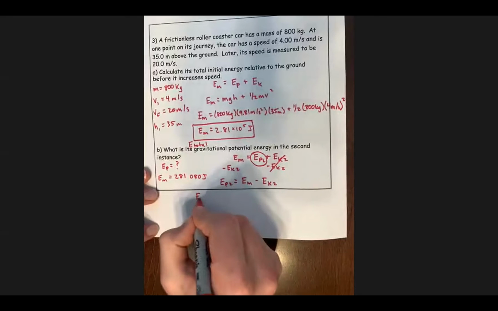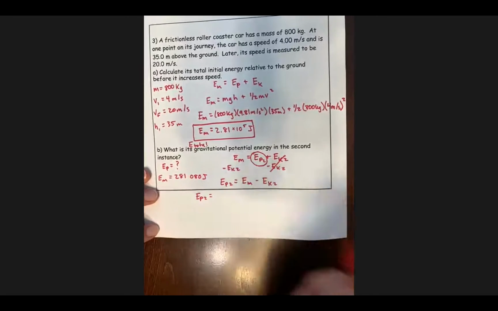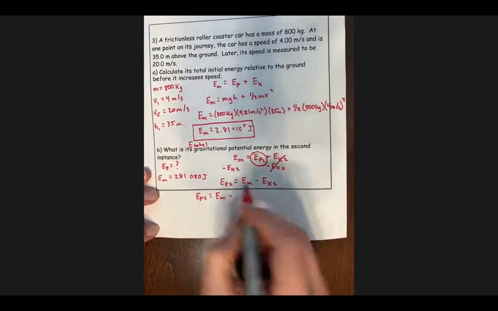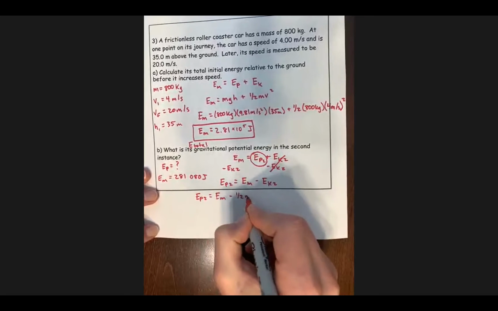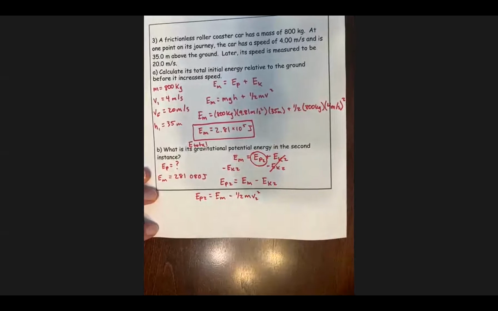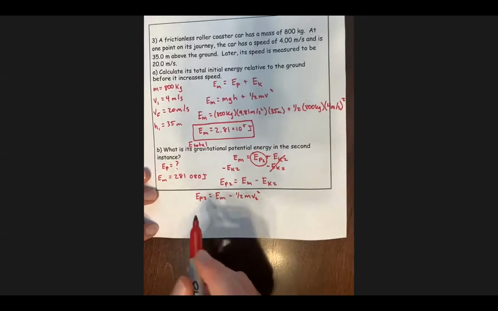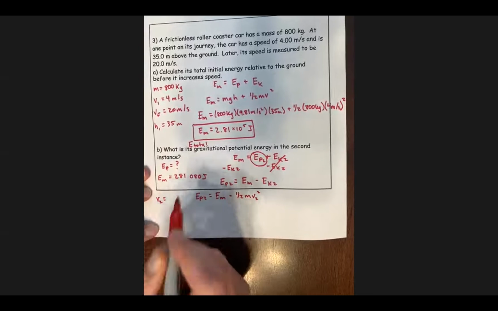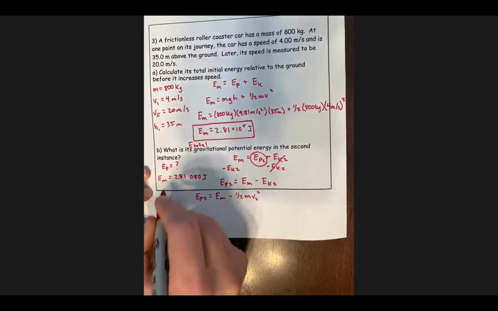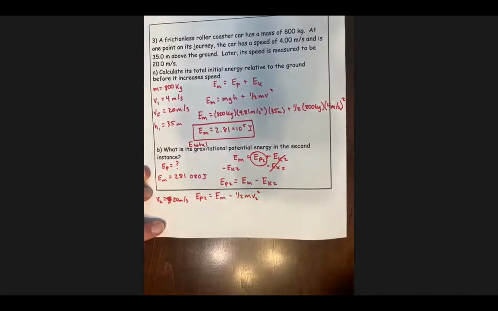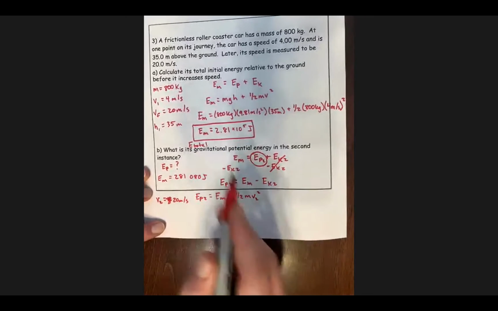So EP2 is equal to mechanical energy minus EK2. So it's 1 over 2 mv, and that's at point 2 squared. We know our V2 is 20 meters per second. So we'll substitute into that, and the mass has not changed.